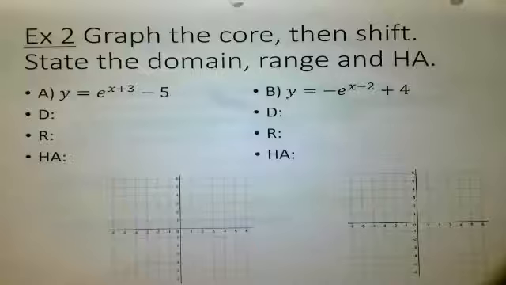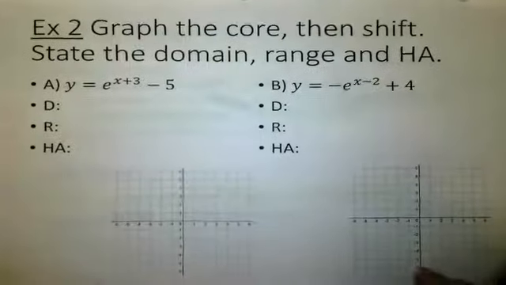So we're going to press standard. So press F3. All right, so reset things. Okay, so now exit. Yeah. All right. Graph the core, then shift, state the domain, range, and horizontal asymptote.